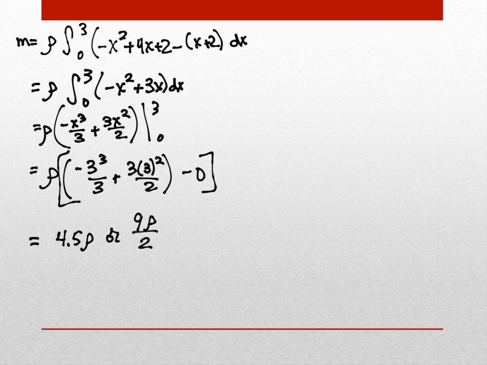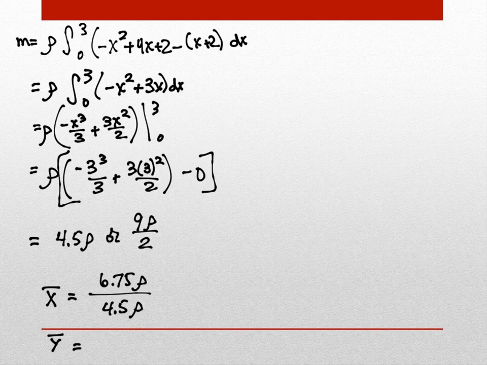So we've found two of the things we were asked to find, which were m sub x and m sub y. We found m because we also are asked to find x bar, y bar. So x bar means taking m sub y. M sub y was my 6.75 rho, I'm going to do mine in decimals, and then dividing it by the mass, which is 4.5 rho. For y bar, I'm taking the m sub x, which was 19.8 rho, and dividing it also by the 4.5 rho.